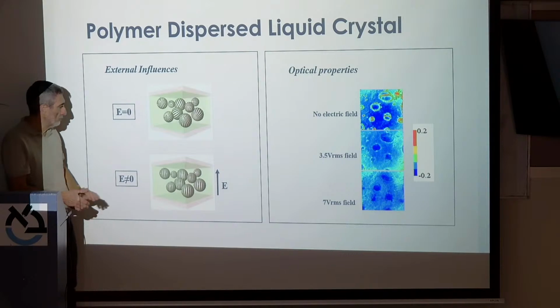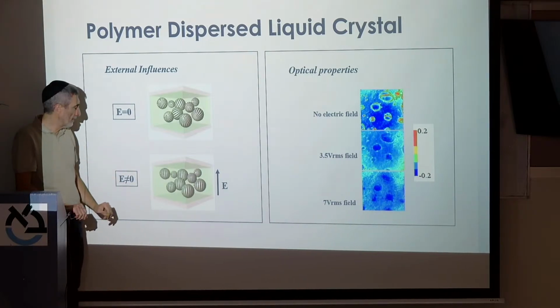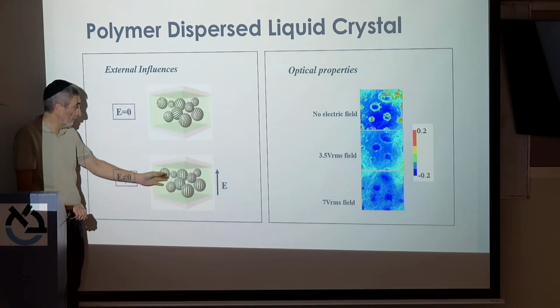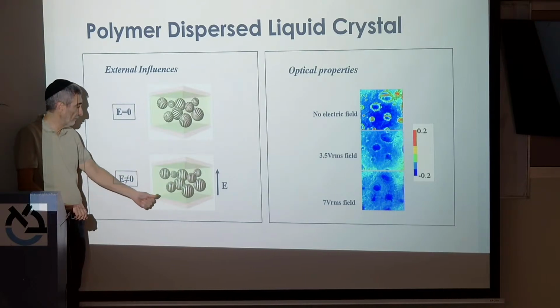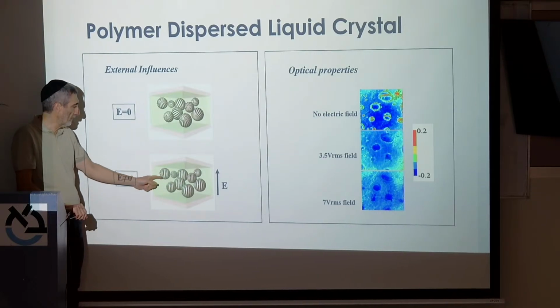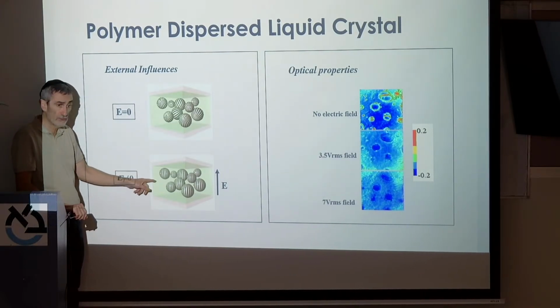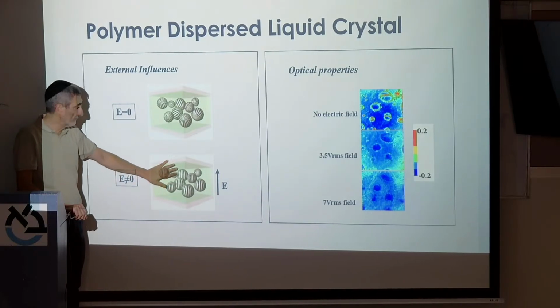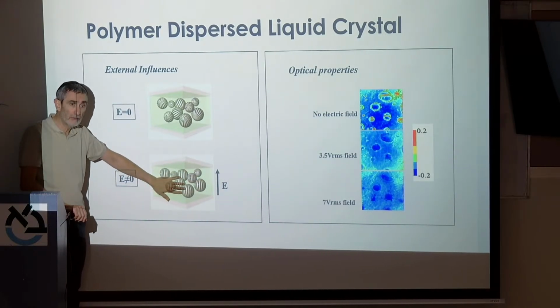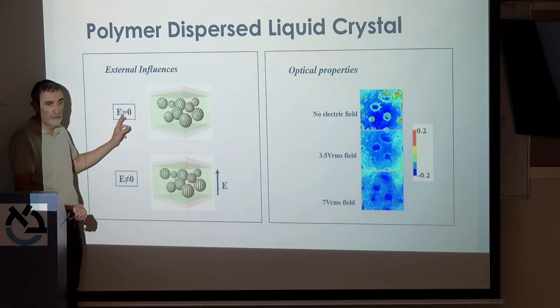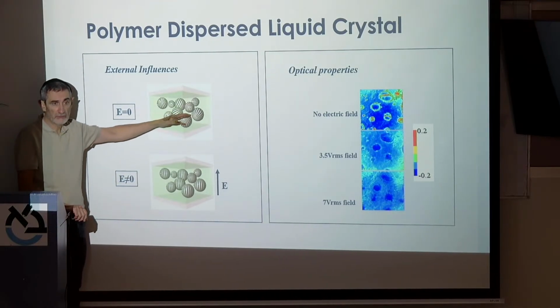If you are smart enough, you can make it transparent when they are aligned. If the index of refraction for some given polarization is the same as the index of refraction of the polymer matrix, then you can have a medium which is transparent. And when you release the E field, the medium becomes scattering.